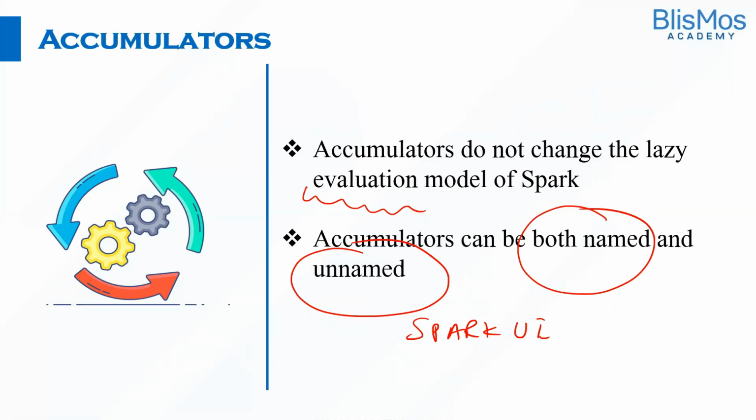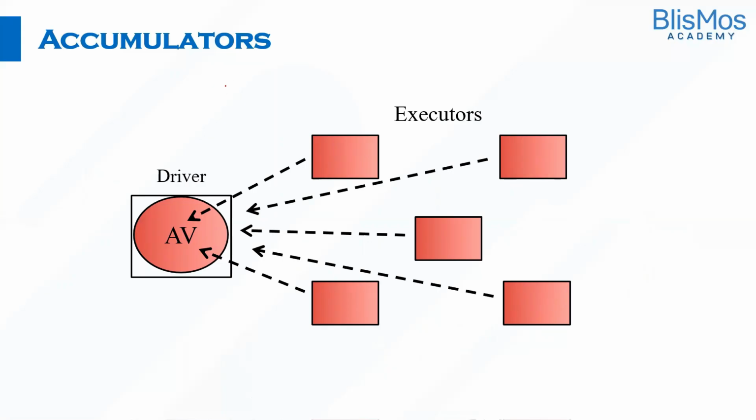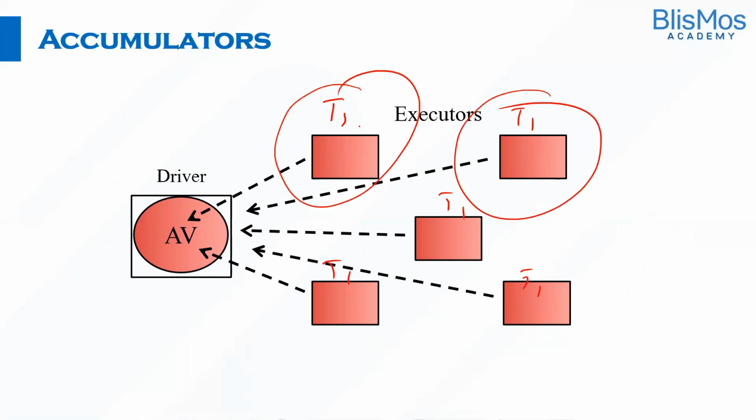Now that we understood what accumulators are, let us take an example here. We'll understand the accumulators in a pictorial representation. Let us say you have a transformation which is happening in all the executors on the partition data: partition 1, partition 2, partition 3, partition 4, and partition 5.